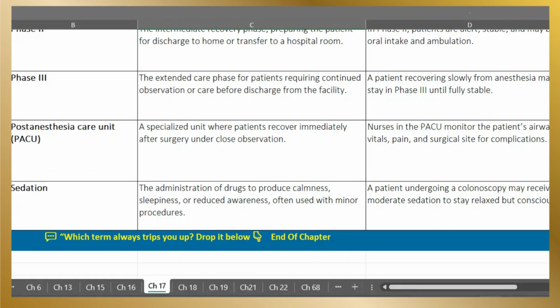A patient undergoing a colonoscopy may receive moderate sedation to stay relaxed but not fully unconscious. Here, this person will need a driver, for instance, to be transferred home. They cannot drive because they are conscious, but not fully.